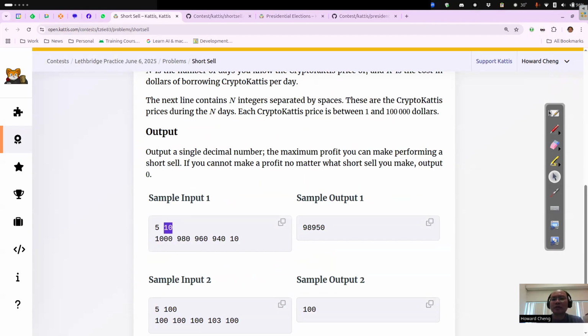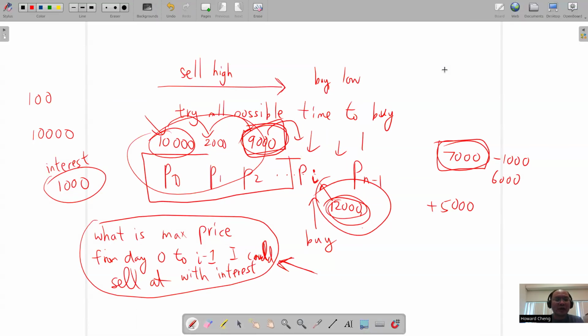So what's the recursion? If this is f of I, then the recursion would be f of I minus 1 minus the interest, because you have one more day of interest on whatever you had before.